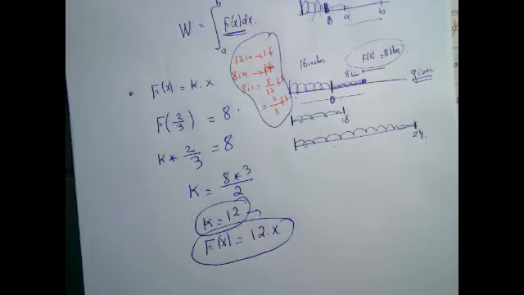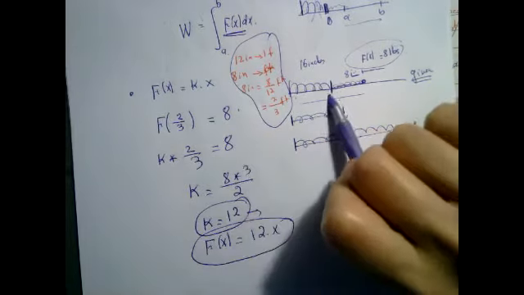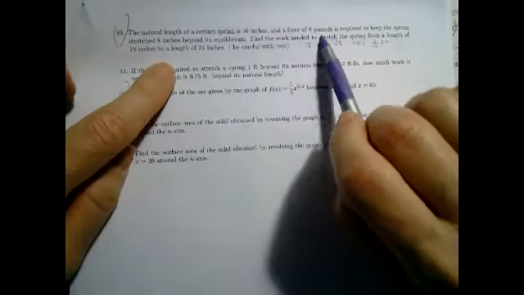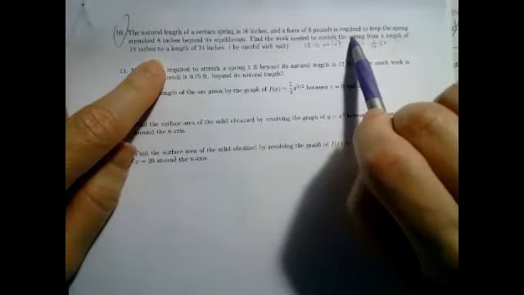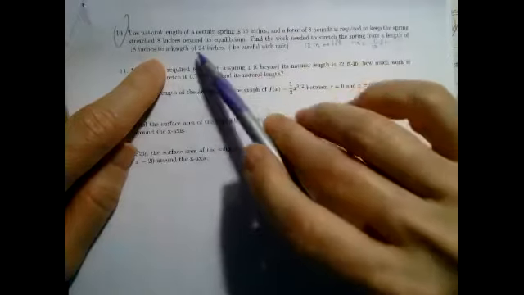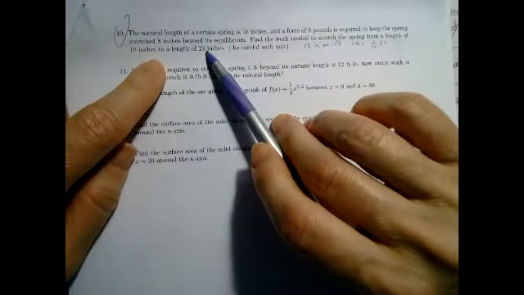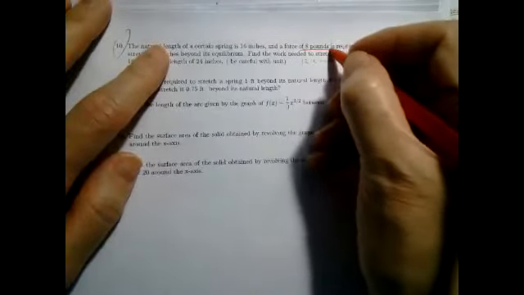I have a question real quick. Sure. So where did you get the 8 from on the right side of the equation? I know on the left side you got it from 8 inches. Yeah, I read the problem. A force of 8 pounds is required to keep the spring stretched. This 8 is coming from here.